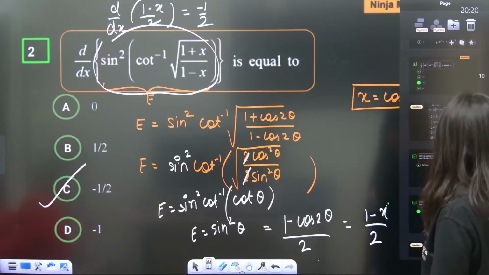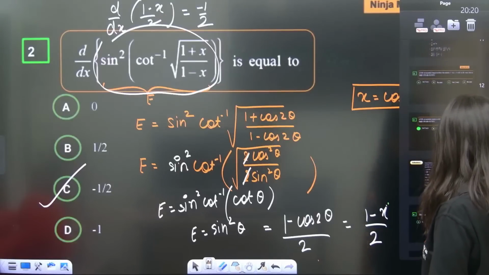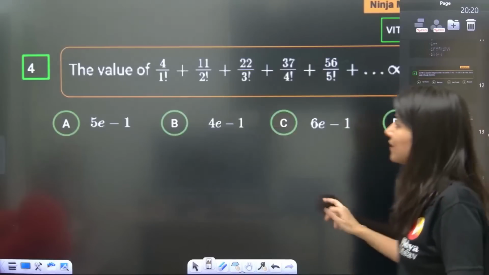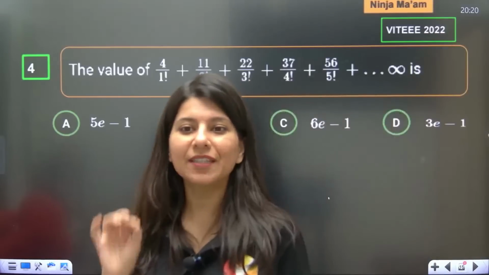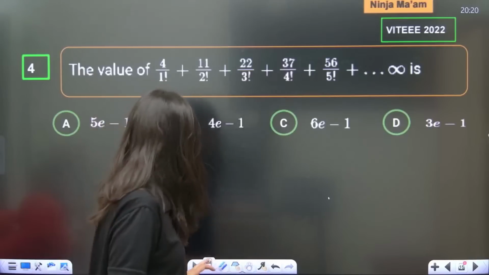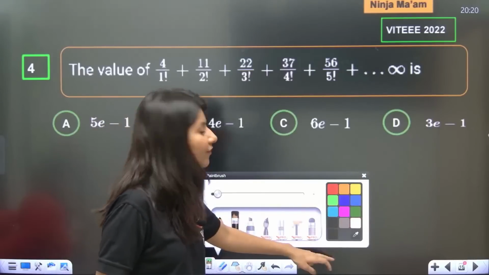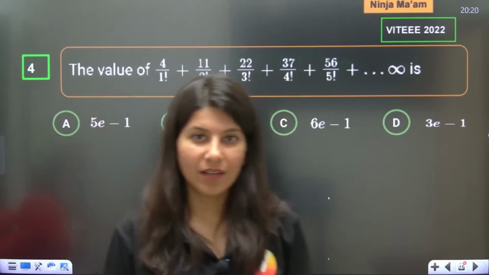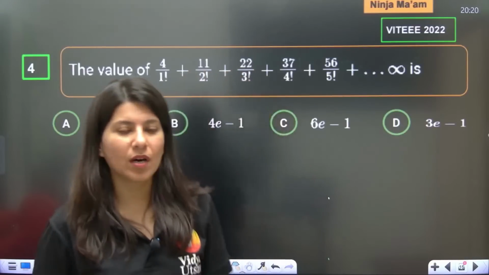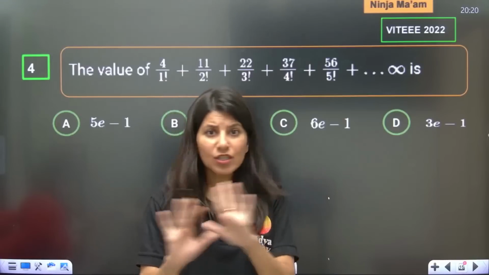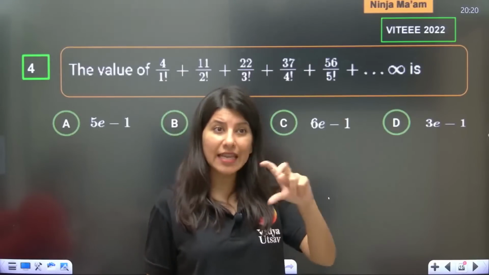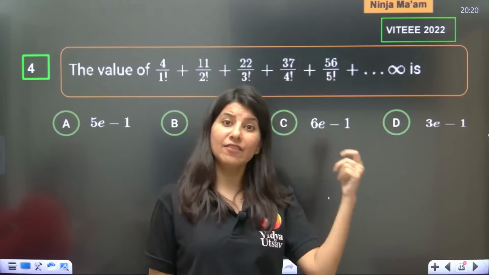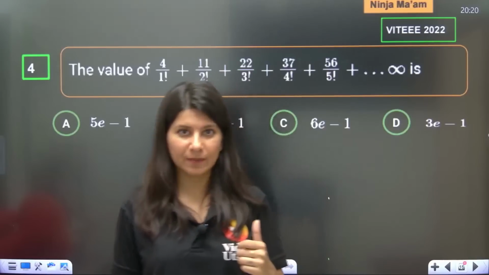Now the third question on your screen. This is from VIT EEE 2022. But this question, you have not solved enough of these types of questions in your JEE Main. That is why I have taken this question. This question is not that difficult. It's just that the pattern is a VIT EEE special.